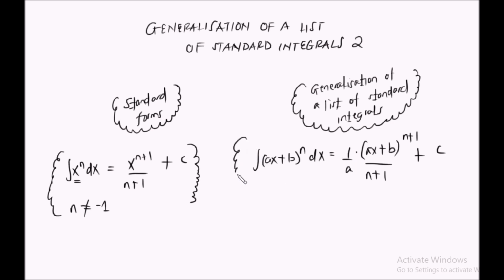So this is also another standard integral. We derived this in the previous tutorial. Now we say a list of standard integrals, because there are many standard integrals, so in this tutorial we continue listing them.